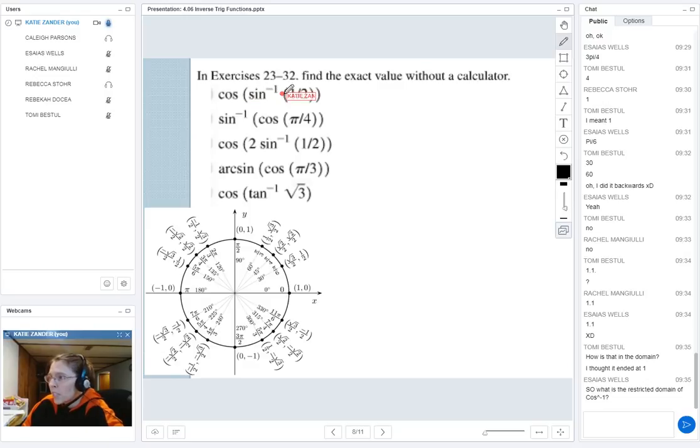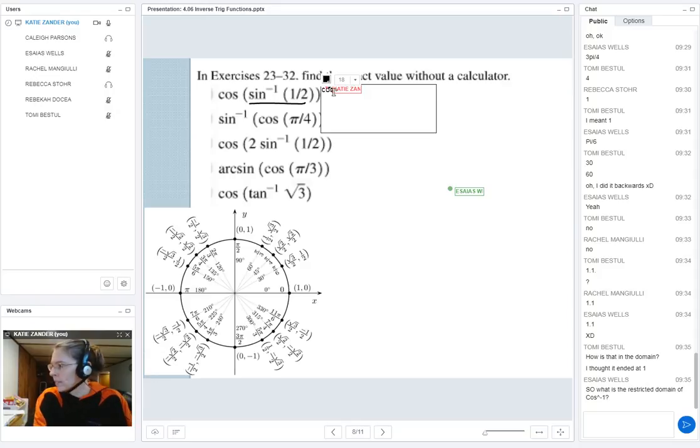So for this first example, let's start by finding the sine inverse of 1/2. What's the sine inverse of 1/2 using that unit circle? That was our pi over 6, right?